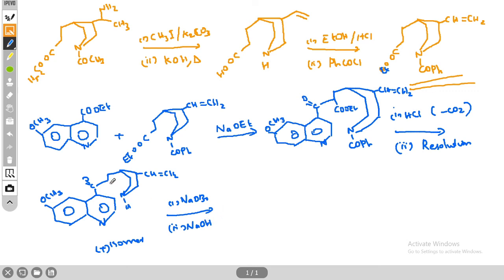So this hydrogen and this will combine and form a closed ring. OCH3, C=O, CH=CH2.